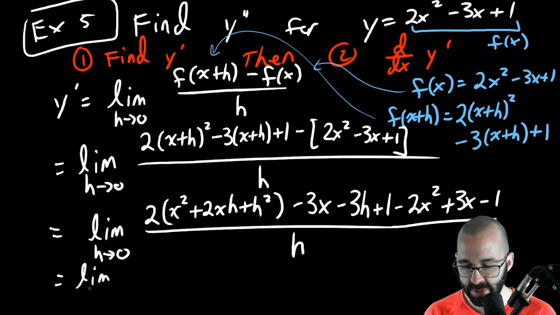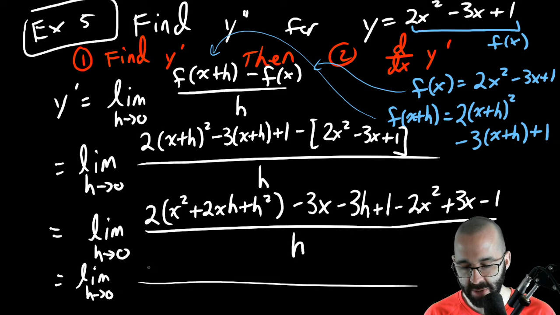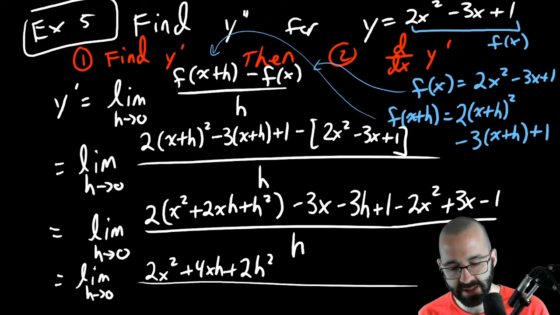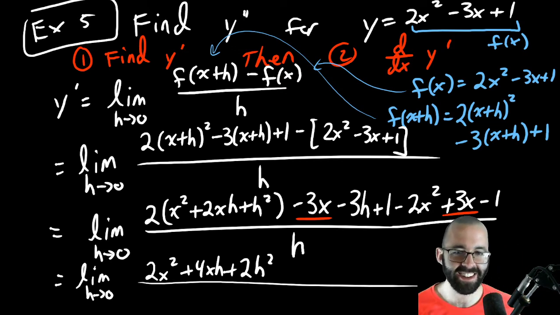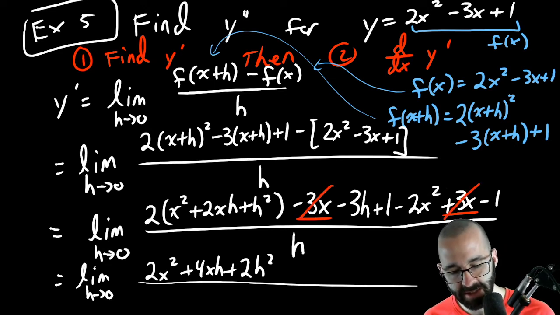The limit as h approaches 0 of the top. Now we have to distribute that to 2x squared plus 4xh plus 2h squared. We can start cleaning things up a little bit. Let's collect like terms. Minus 3x plus a 3x. Those cancel. Plus 1 minus 1. Great.